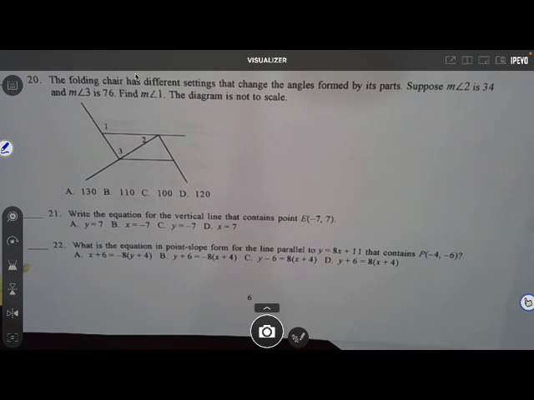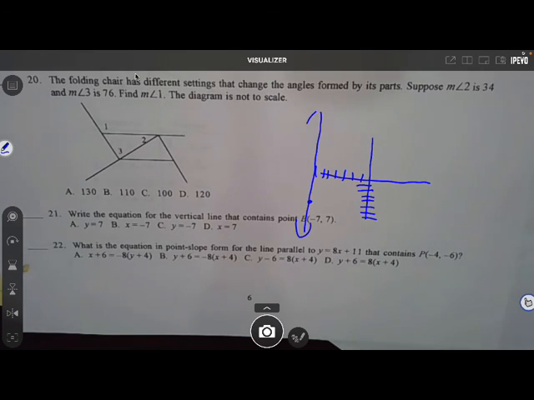Okay, number 21 is talking about a vertical line. On the vertical and the horizontal lines, it's either x equals or y equals. The best way for me to remember is to draw a graph. That point is -7, 7. And it would be a vertical line.